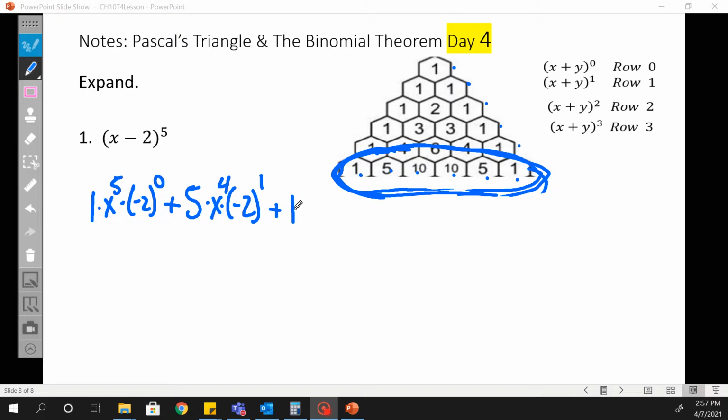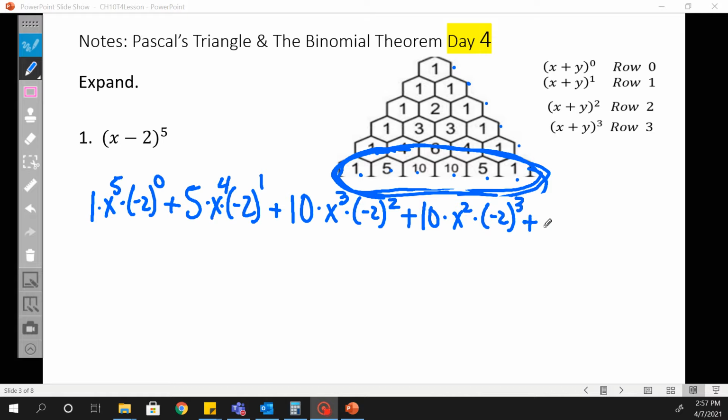Then it's followed by 10 times the power of the x goes down to 3. The power of the negative 2 goes up to 2. The next has a coefficient of 10. The power of the x goes down to 2, but the power of the negative 2 goes up to 3.